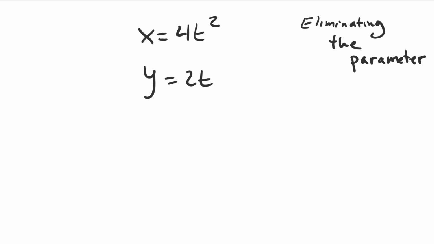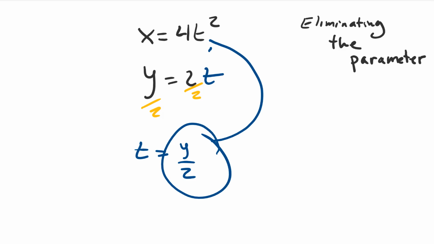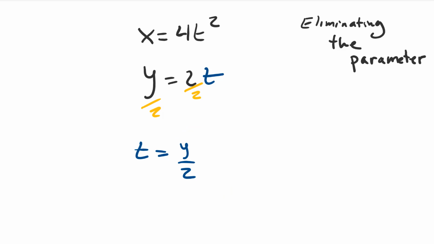And we'll do a lot more of this. The game is, hey, maybe solve for t. Maybe let's get t all by itself. So we'll divide out the 2. And we're like, wait a second. T is equal to y over 2. And pop it back into the other parametric equation.